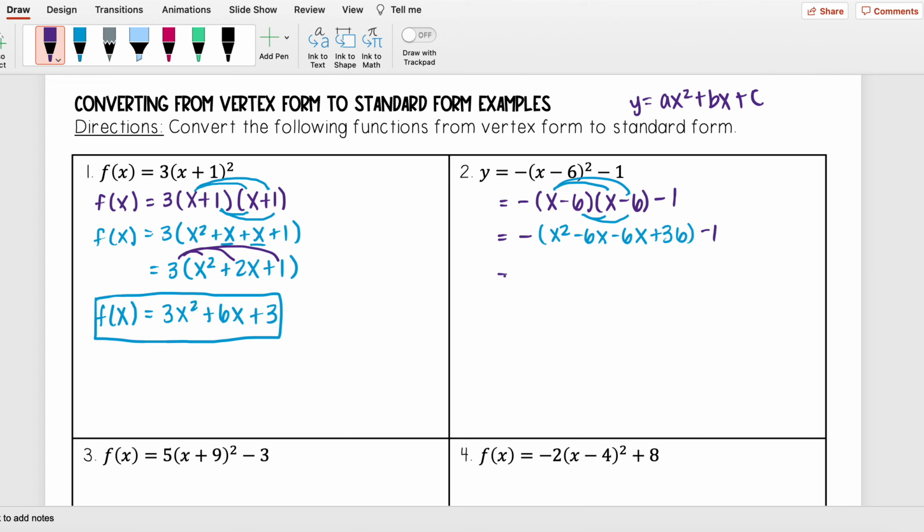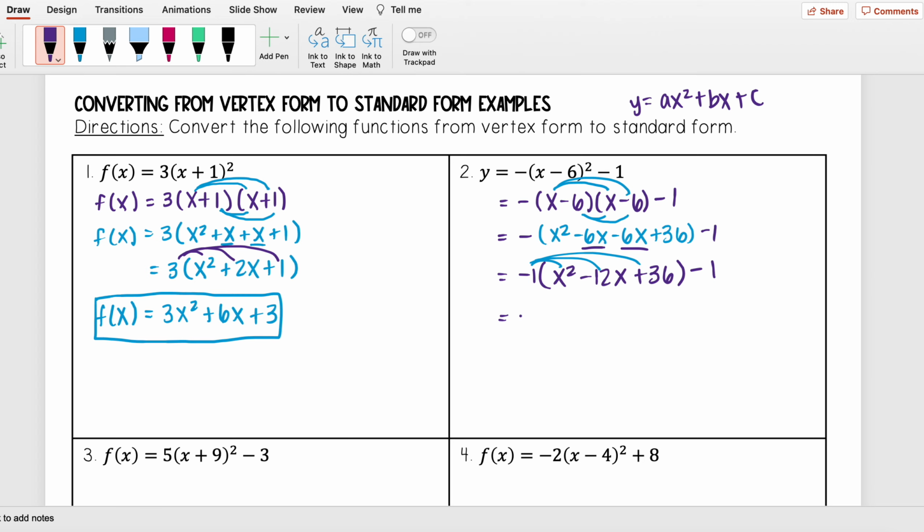minus 1. Then I can combine my middle terms, so I get x squared minus 12x plus 36 minus 1. Then next I want to distribute my negative in there. And so when I distribute my negative, I'm really multiplying a negative 1 into each of those. So I'm just going to be changing the sign.